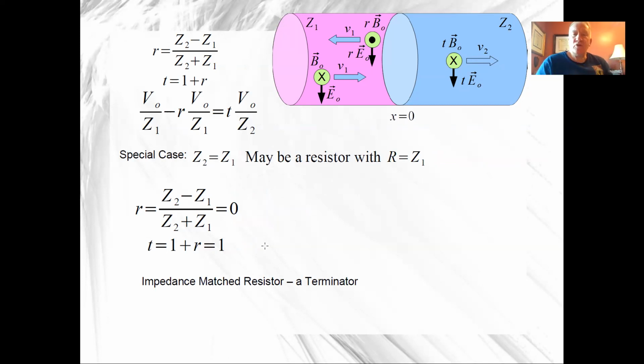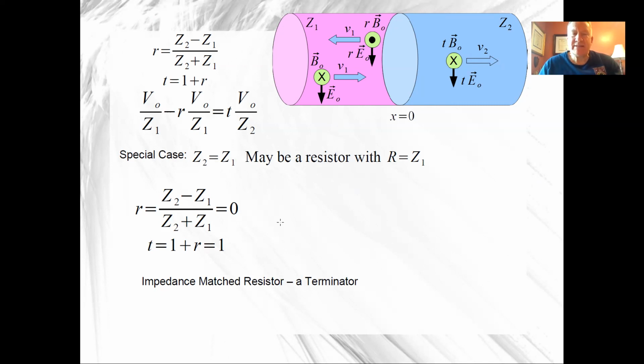If we have Z2 equals Z1, then the reflected is 0 and the transmitted comes out to be 1. This is good. So if you hook two coaxial cables together, you should match their impedance. For instance, cable companies sometimes have a problem when they're using, say, 75 ohm cables to hook to their devices, but the house was old and it was wired with 50 ohm cables.